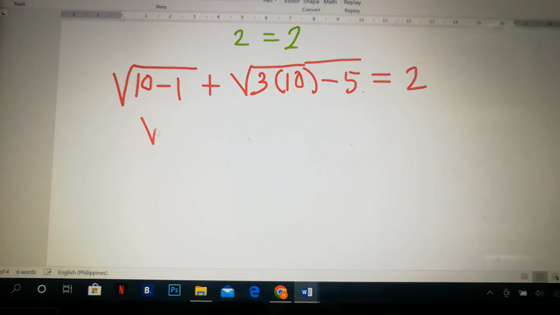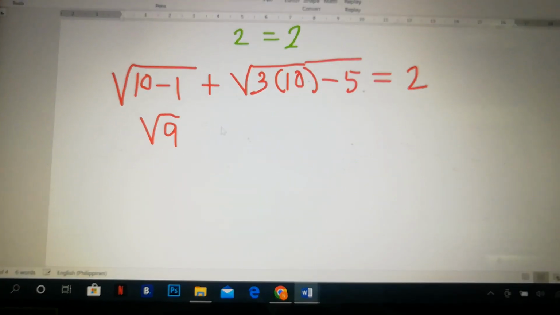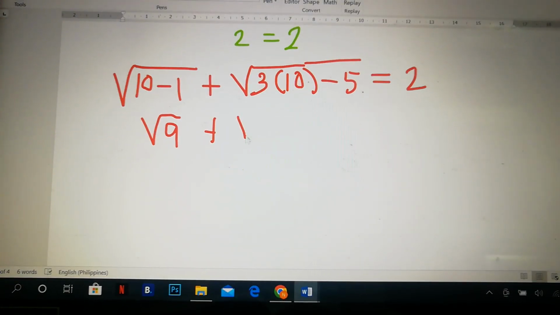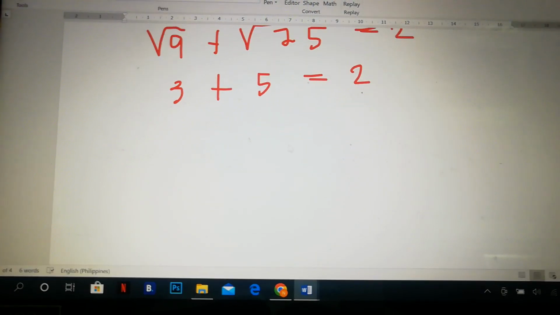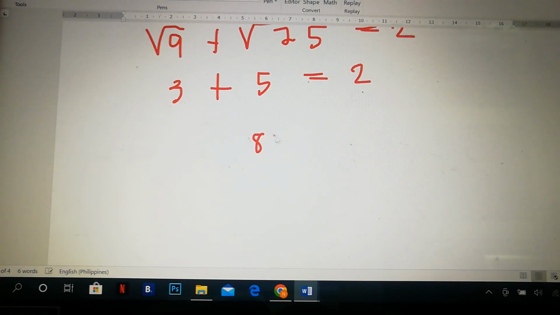So square root of 9 plus square root of 30 minus 5 is 25, equal to 2. So this is now equal to 3 plus 5 is equal to 2. So 8 is equal to 2 is a false statement.